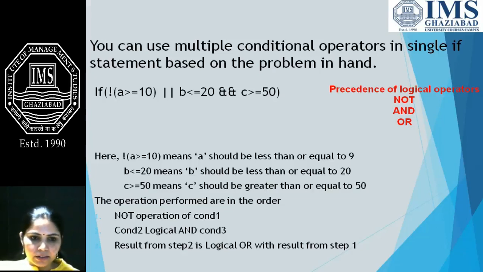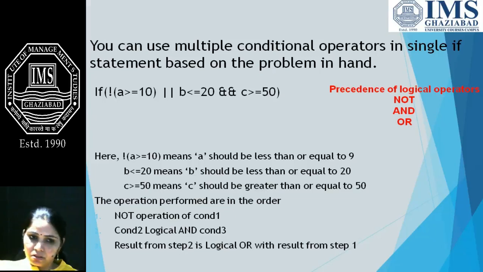Now here we have condition 1 as A greater than equals to 10, condition 2 as B less than equals to 20, and condition 3 as C greater than equals to 50. Here the first step is the not operation of condition 1. Why the not operation of condition 1? Because the priority of the not operation is more than the other operators.